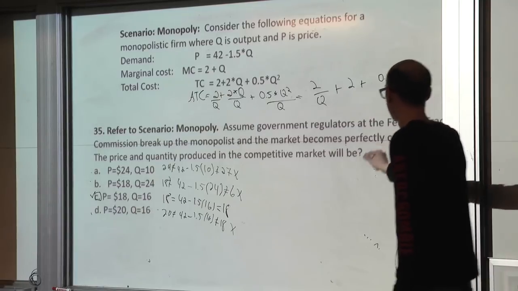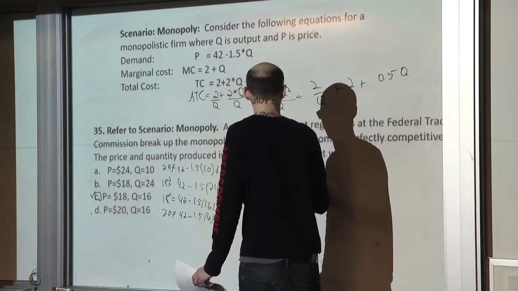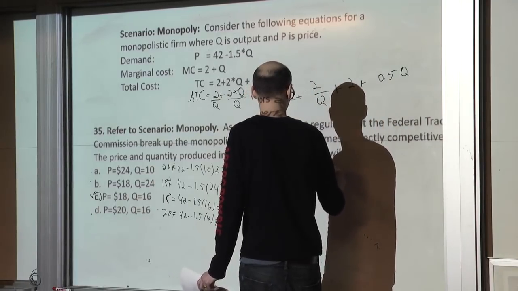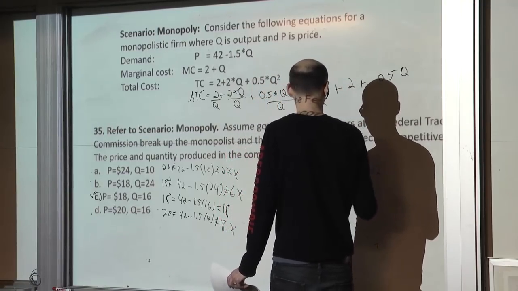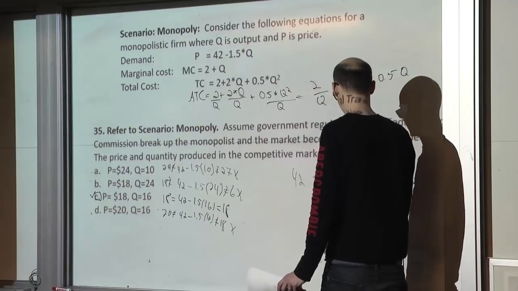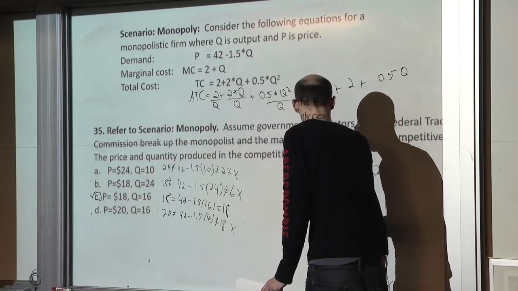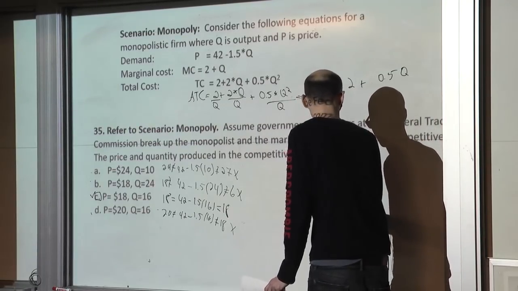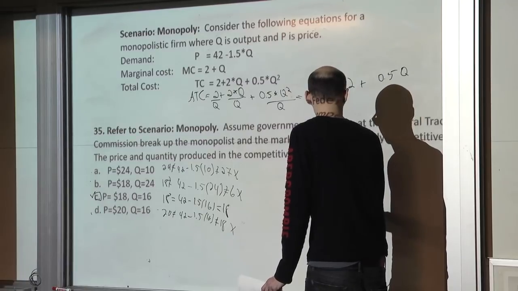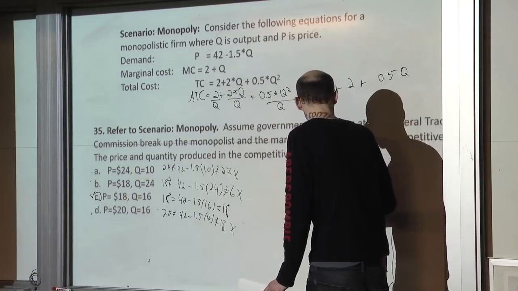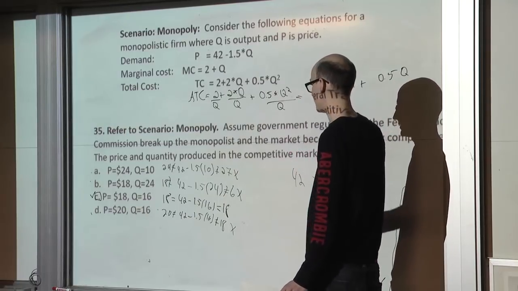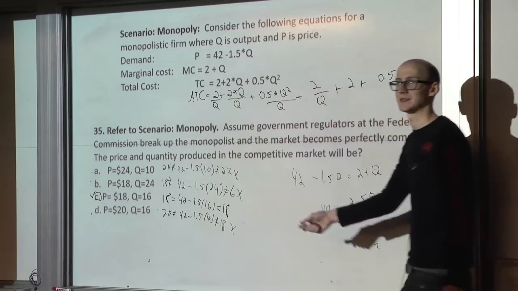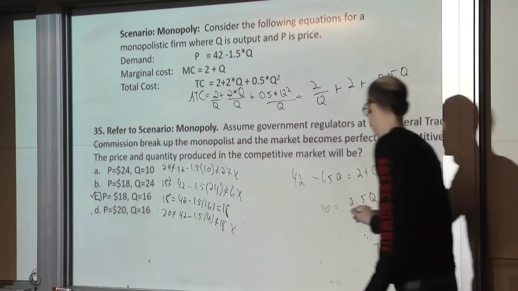Okay. So let's try doing that because that might be an easier way. 42 minus 1.5 Q equals 2 plus Q. Put this on this side, we get 40 on this side, and we get 2.5 Q on this side. So we divide 40 by 2.5. Presumably you got 16, right?